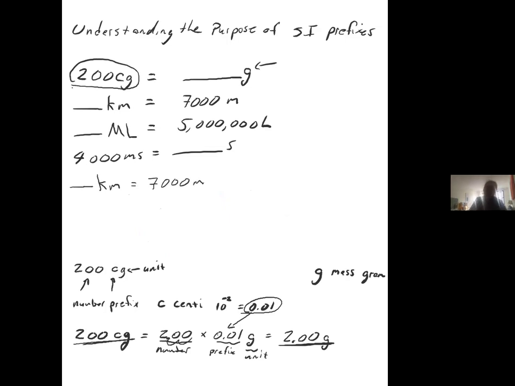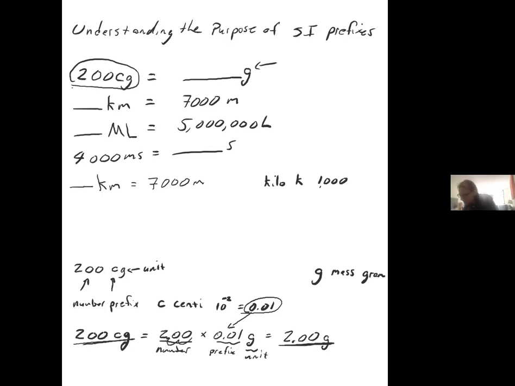Maybe you haven't memorized the prefixes, but I know some of them. I know kilo has the abbreviation K, and kilo is 1,000.